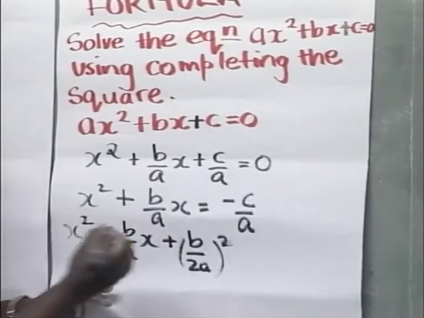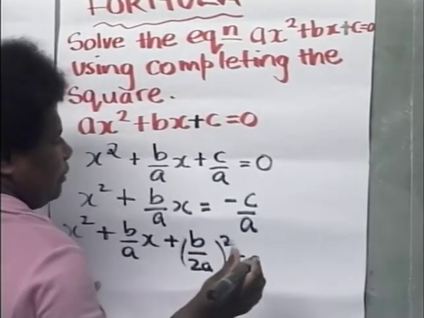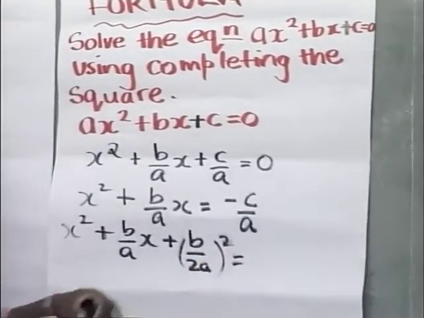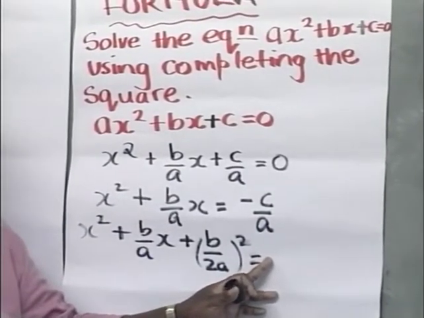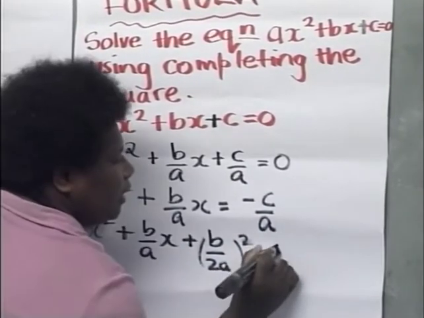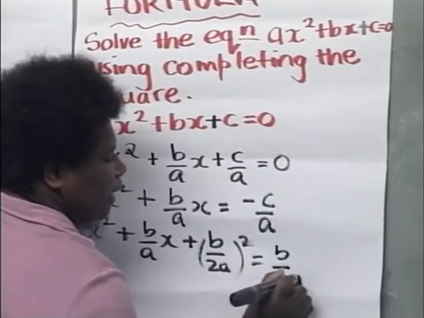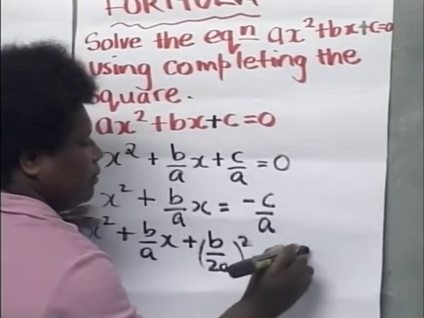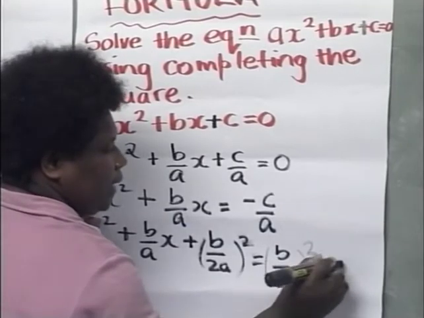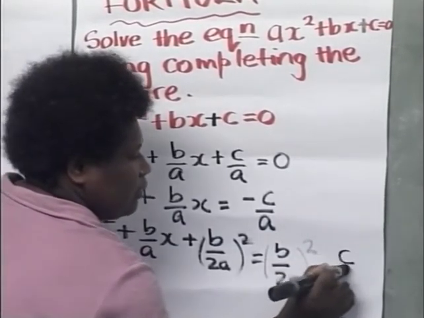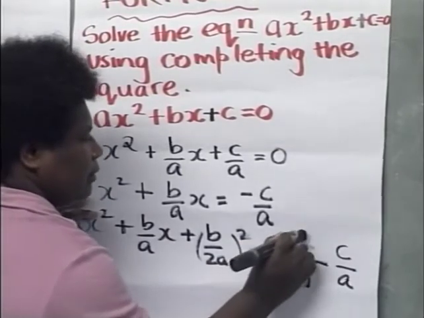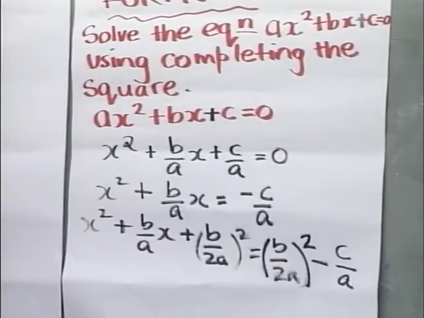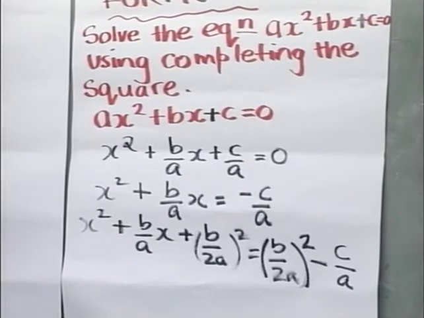So b over 2a squared equals minus c over a, what I will do is put b over 2a squared in front because it's positive. So b over 2a squared minus c over a. Is everyone following? Everyone?